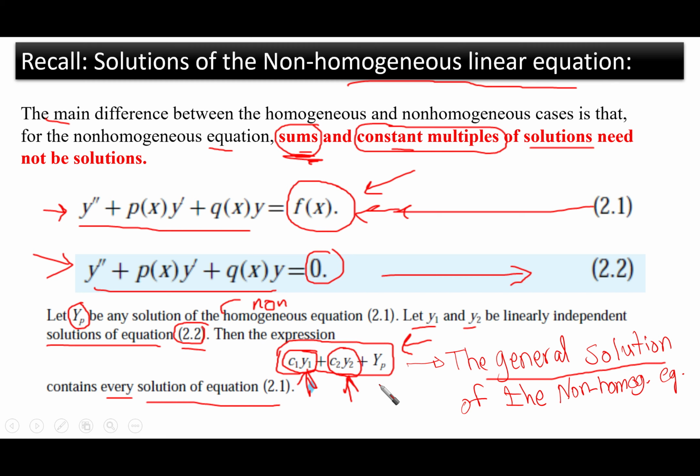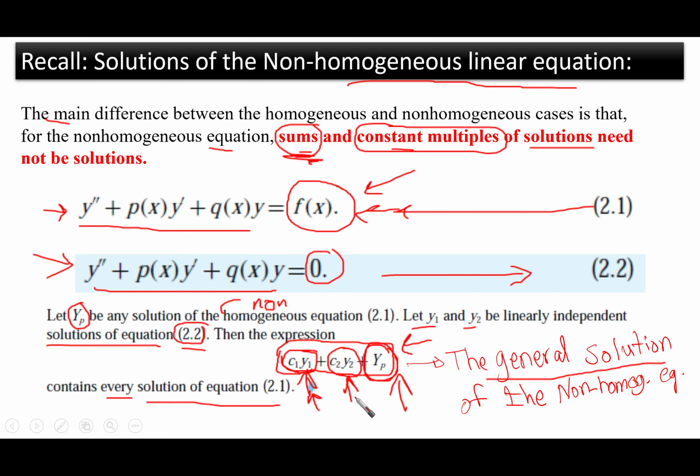Up till now, before this video, we have explained some strategies for how to obtain y1 and y2 of the homogeneous equation, if you review the previous video. But today we're going to talk about how to obtain yp, which needs to be added to the two solutions of the associated homogeneous equation in order to obtain the general solution of the non-homogeneous equation.